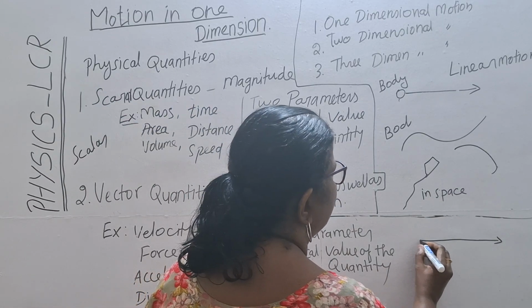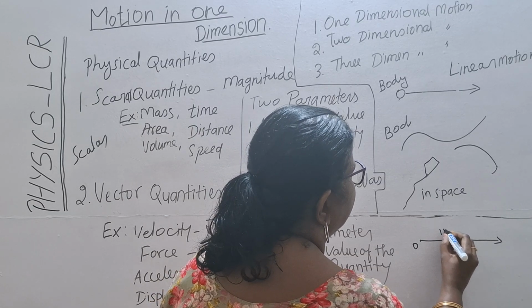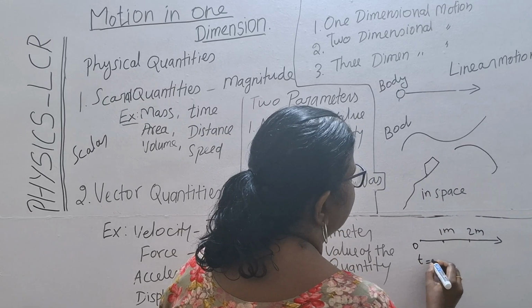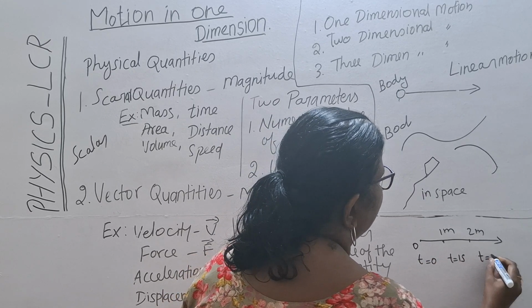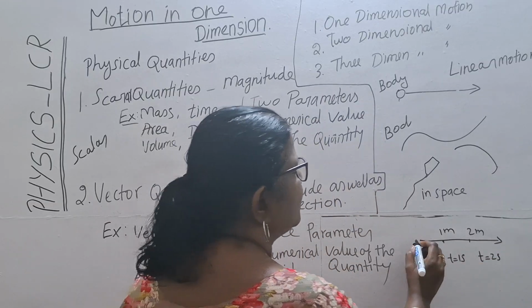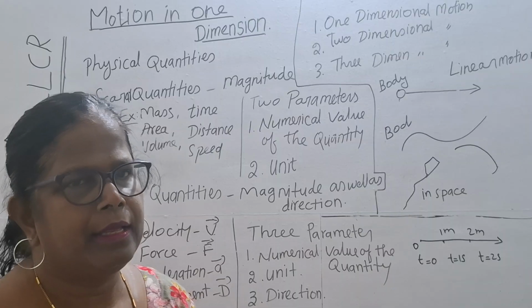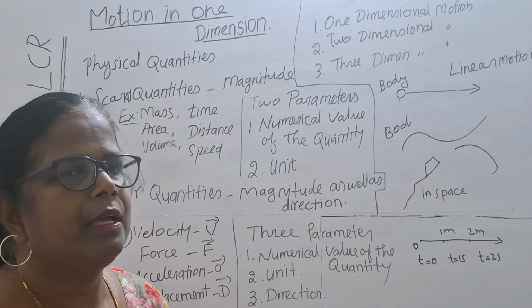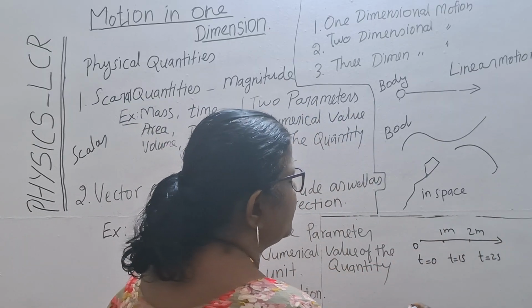Suppose 1 meter, 2 meter, and time is 0 second, first second, second. So it is a 1-dimensional motion we can plot in a graph paper. It is a straight line.